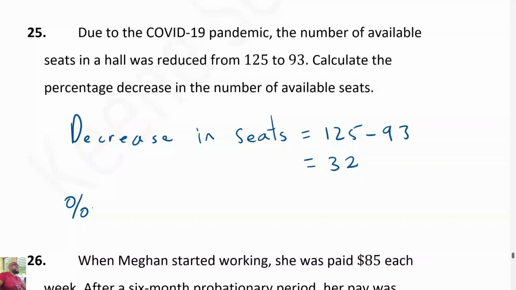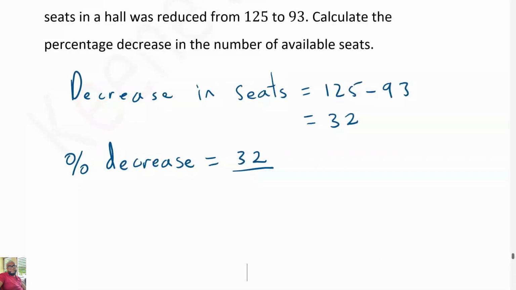Right? Now, if I want the percentage decrease, it will be equal to the decrease over which amount? I just gave you all a formula for it. The decrease over what? Check the formula. Look at the box. Over which amount? 125. You all see the original amount there? Right, this is the original amount, multiplied by 100 over 1.